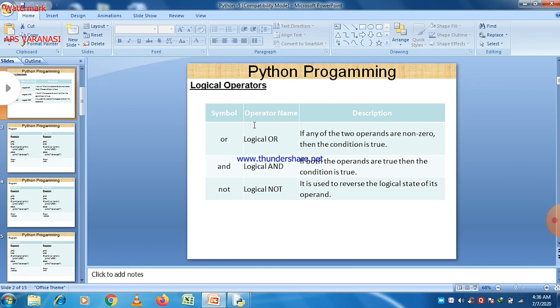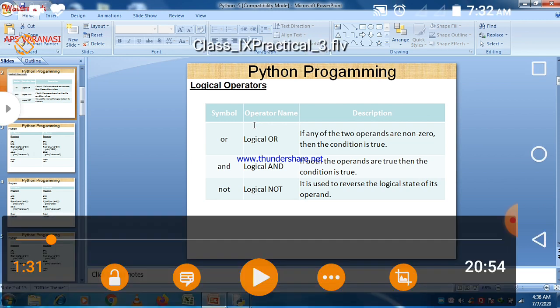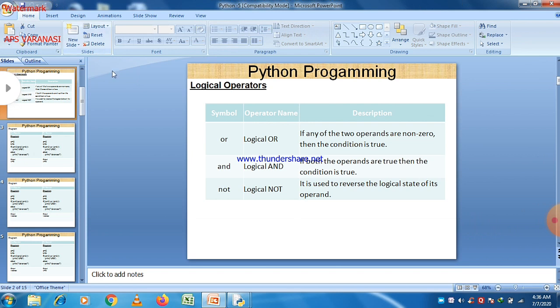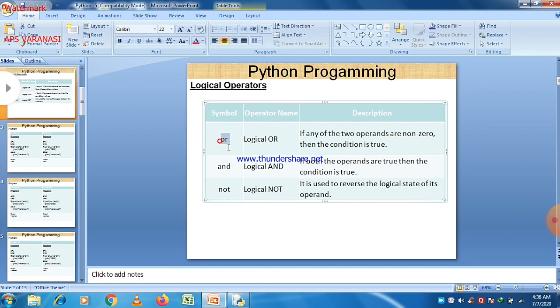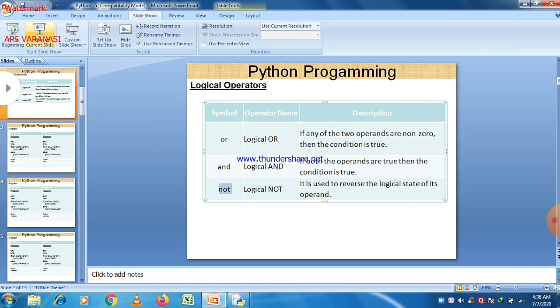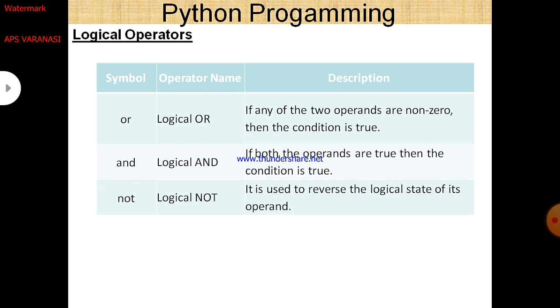Let us change it first. After that, there are the OR operator, AND operator, and NOT operator. I think now the difference is quite clear to all of you.